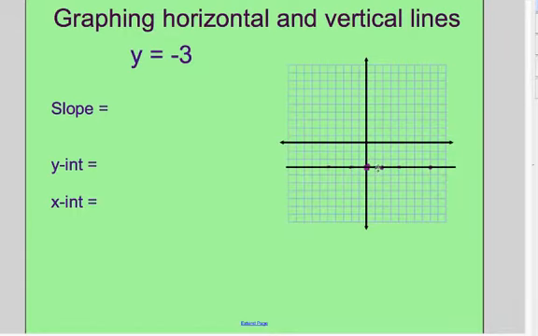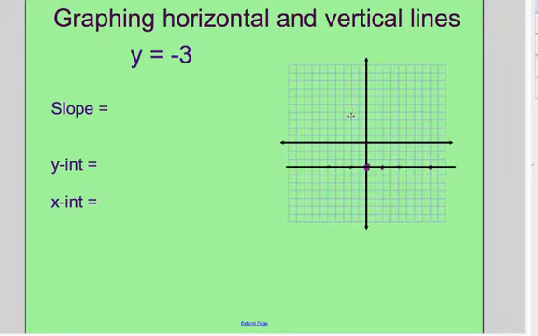Okay, so that's all well and good, but then you're going to be asked, well, what's the slope of this line? And this is where it gets a little bit trickier. Just like when we have a diagonal line, you pick any 2 points on the line, and you want ones that cross at these little crosses here, so you have exact values. Pick any 2 of those points and do your rise and run for those 2 points.